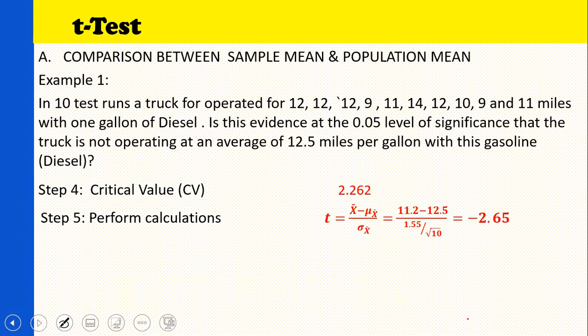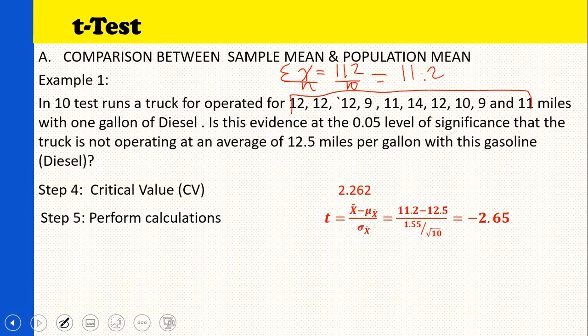So remember, for the sample mean and population mean, kailangan natin makuha ang average o yung mean. So we have already computed the summation, which is equal to 112. And if we're going to look for the mean, we divide it by the number of entries, which is now 10 items or 10 entries. And that will be equal to 11.2.